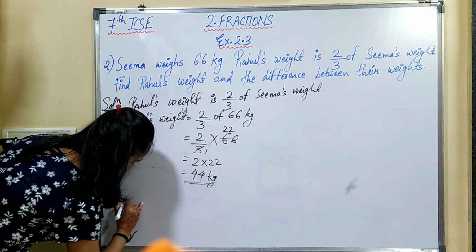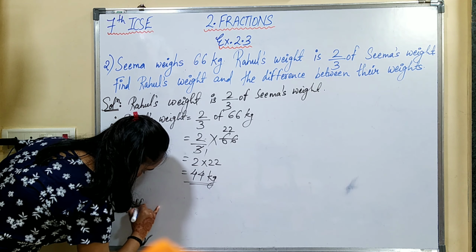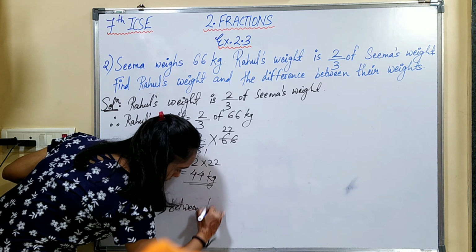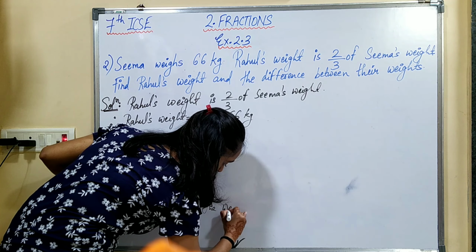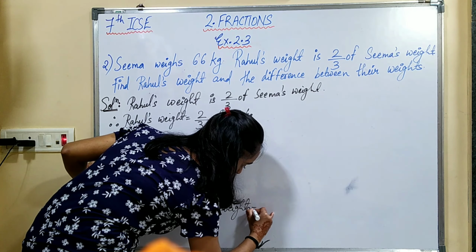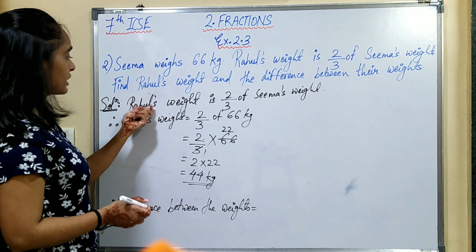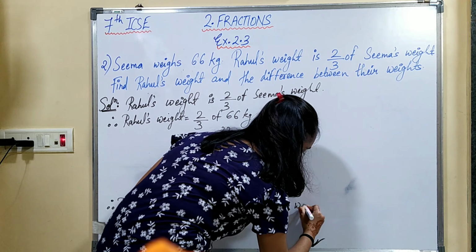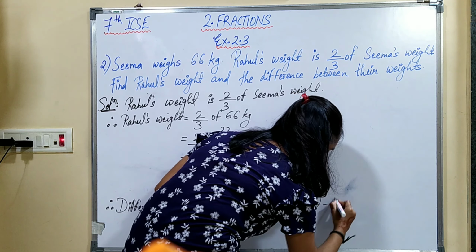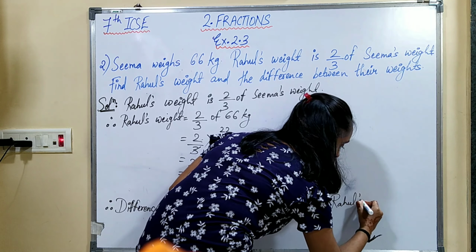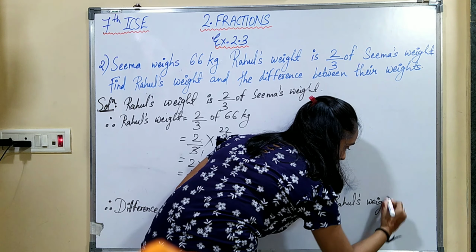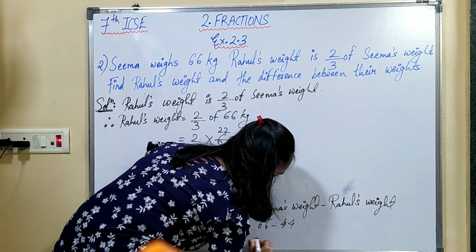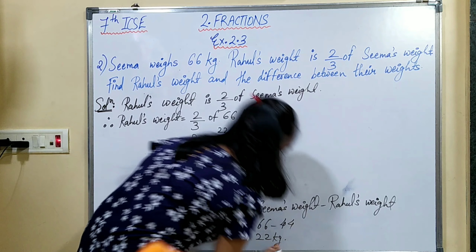So therefore the difference between the weights will be Seema's weight minus Rahul's weight. So it will be 66 minus 44. So that will be equal to 22 kgs.